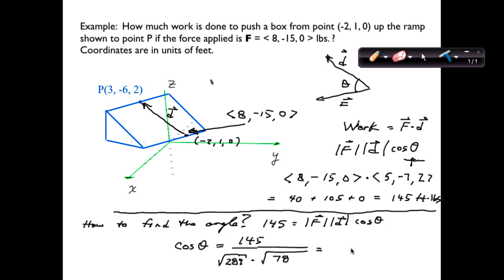Let's get a number for that. As soon as you get it, shout it out.